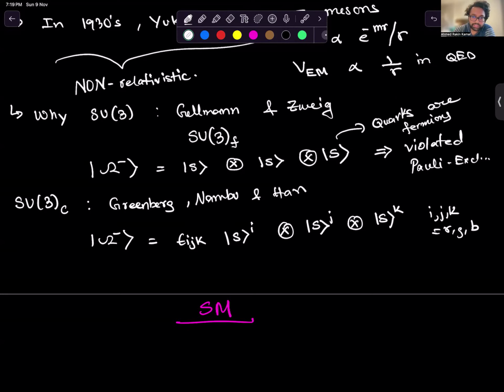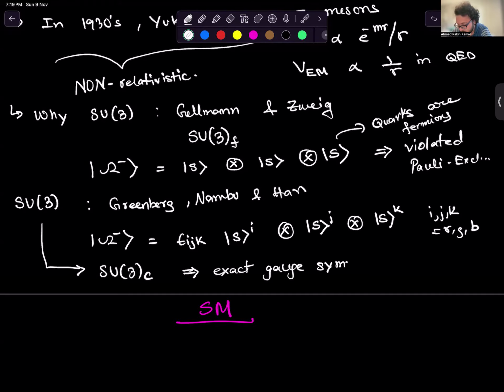Furthermore, the development continued: Gell-Mann and others proposed that this SU3 is actually SU3 color, an exact gauge symmetry. A point to note is that we are still describing a QFT with gauge group SU3.